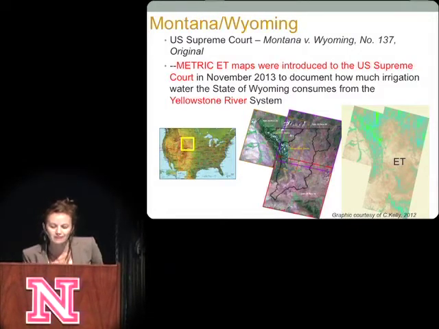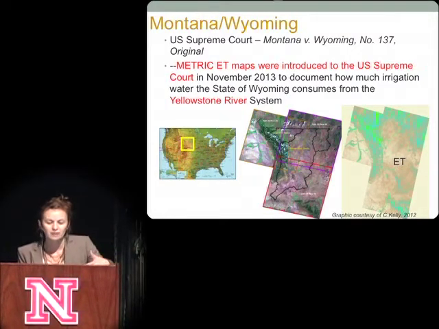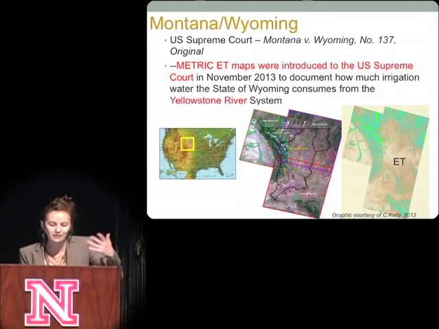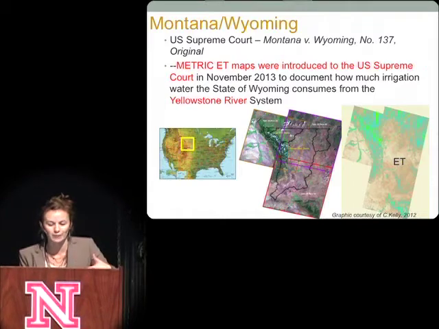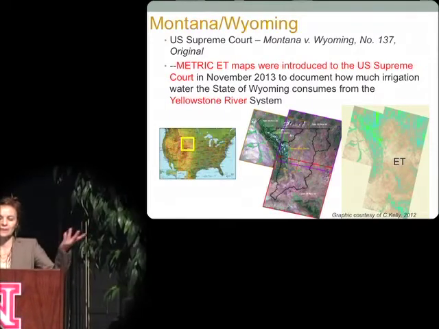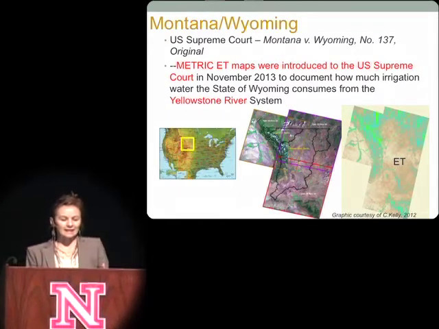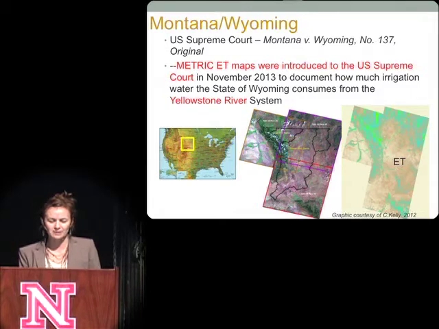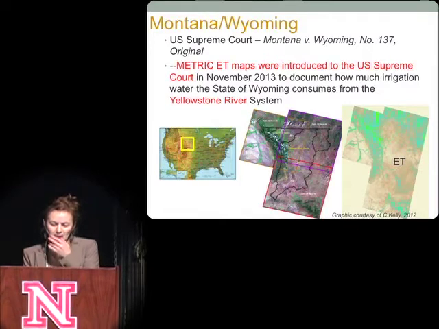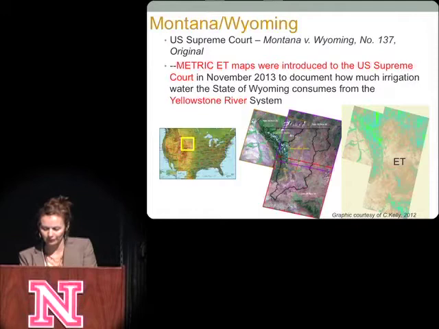If Wyoming irrigates a lot and uses a lot of water, then there's not much water left for Montana. Similar to other states, Montana sued Wyoming, and now they're settling in the Supreme Court case, and the ET maps have been used to settle the fight between Montana and Wyoming. Again, the river is flowing from Wyoming to Montana.